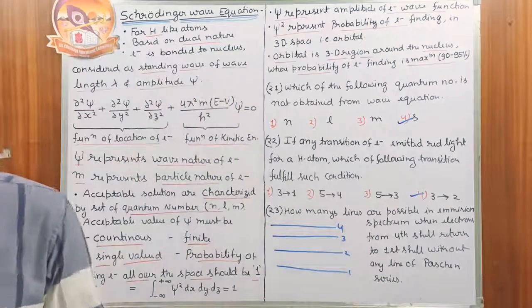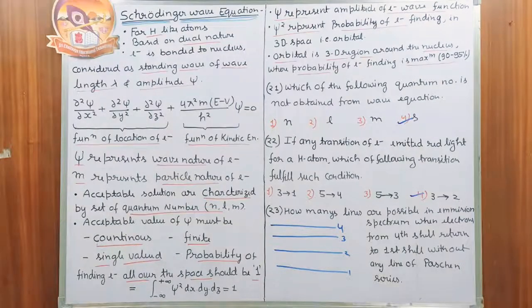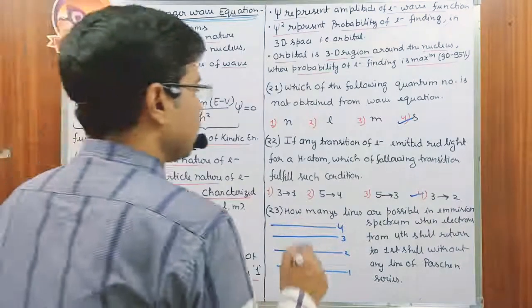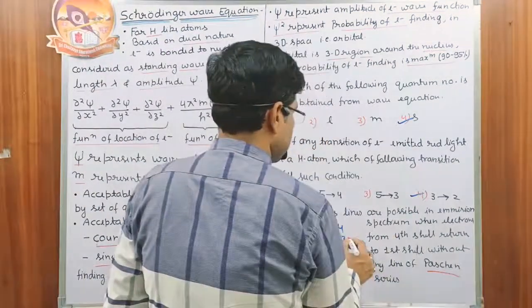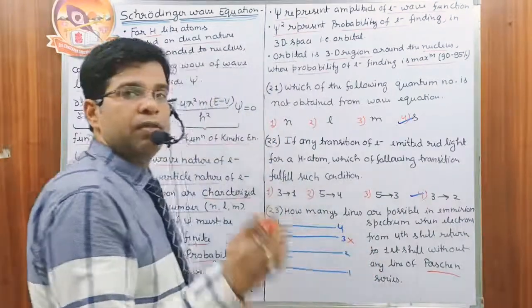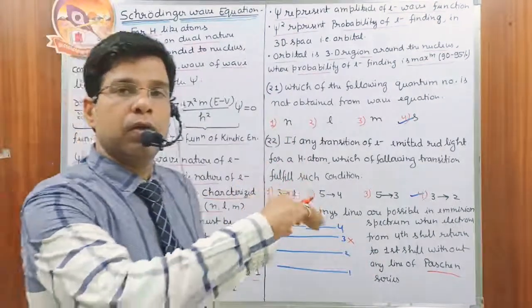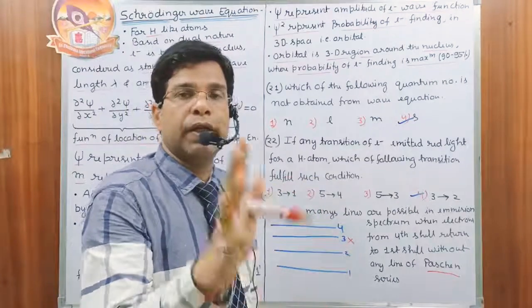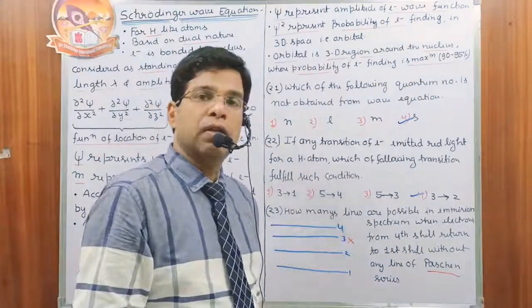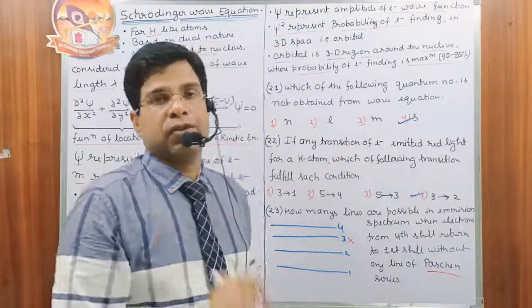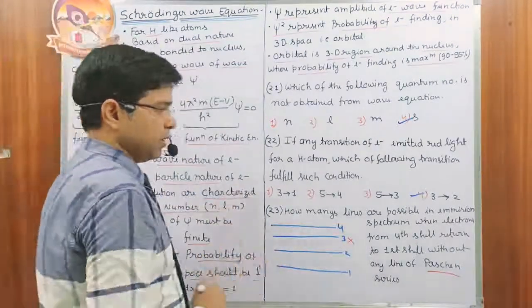These are the possible conditions. 4 orbitals are there, but the electron is not coming in the Paschen series, so it always comes from 4 directly to either 2 or 1. It cannot come to the third shell, because then it would give the Paschen series.